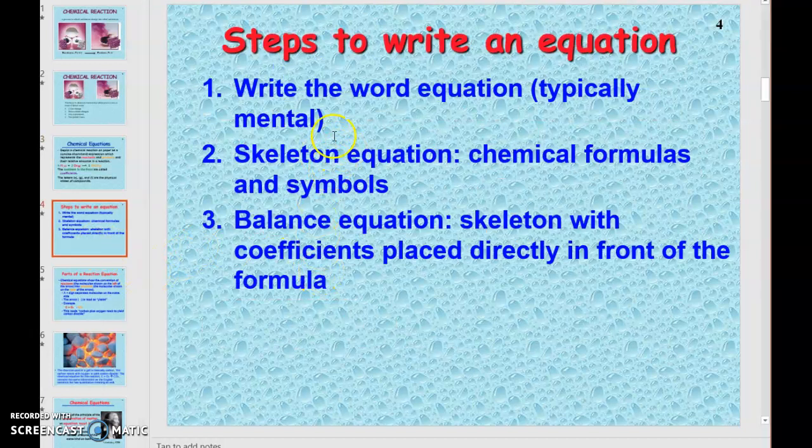When we write equations, sometimes we'll have to write the word equation, then we'll put in the chemical formulas in place of the word equation, and then we will balance the equation using coefficients.